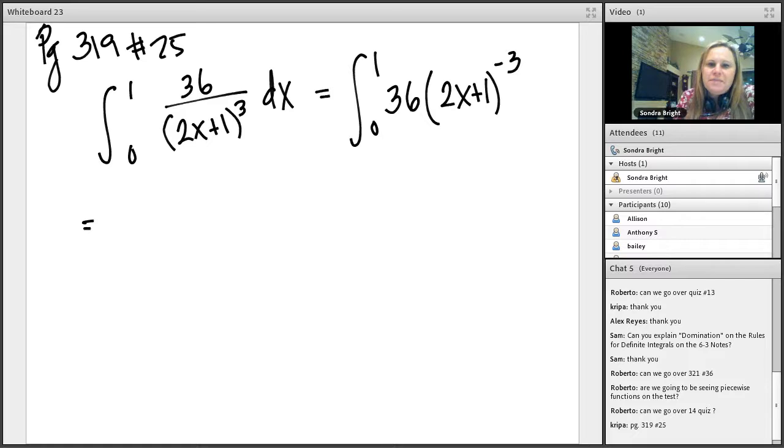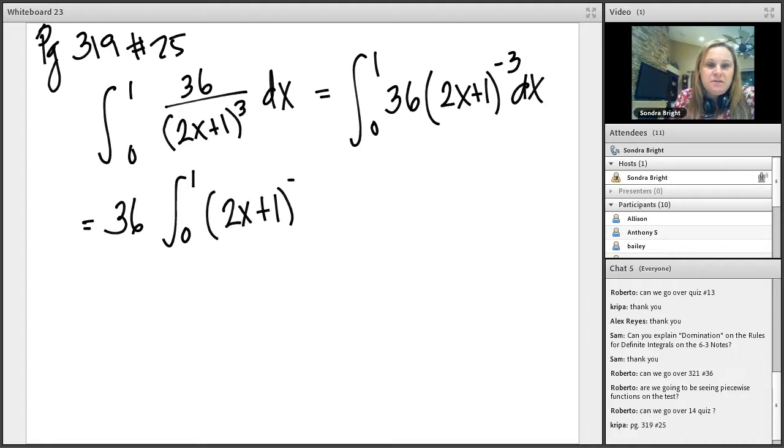This 36 is a constant, so you could pull it out front, and that way you don't have to worry about it anymore. I shouldn't say that. You take your answer and multiply it times 36. But it just kind of gets it out of the way, right?